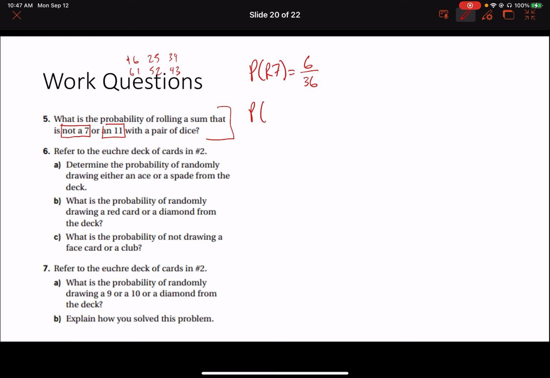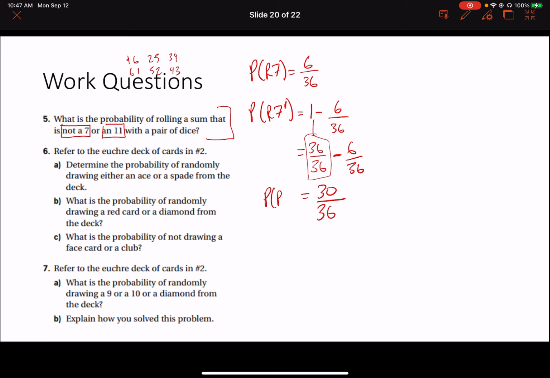The probability of not a 7, the complement, is equal to 1 minus 6 over 36, which is equal to 36 over 36 take away 6 over 36, which is equal to 30 over 36.